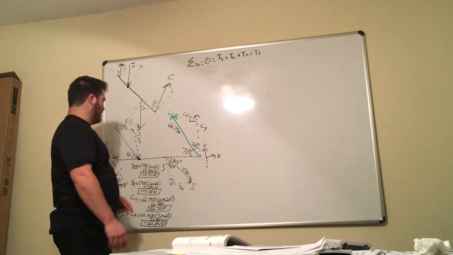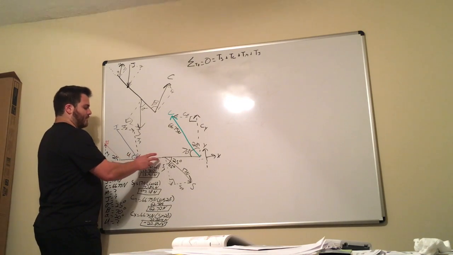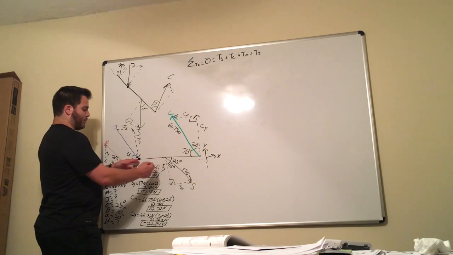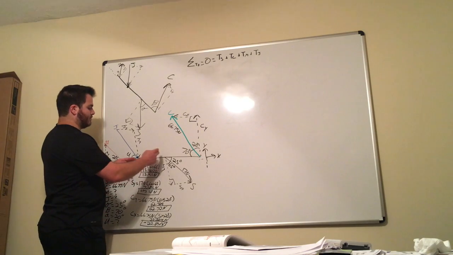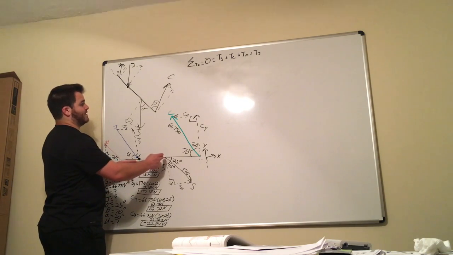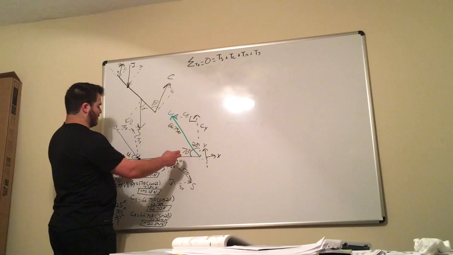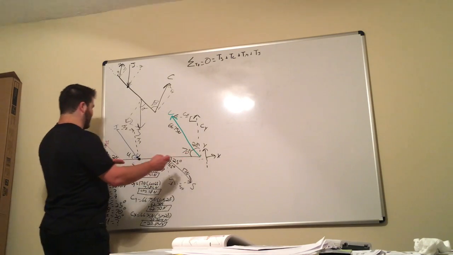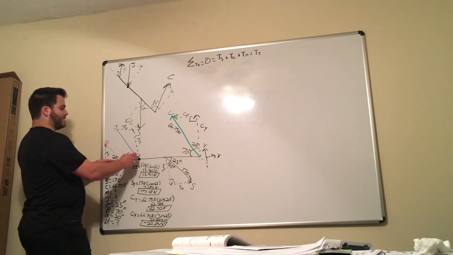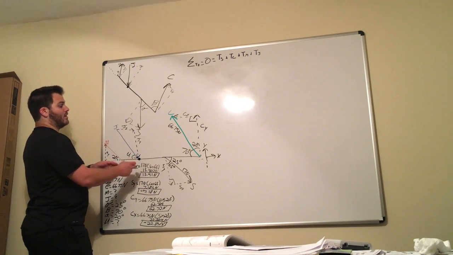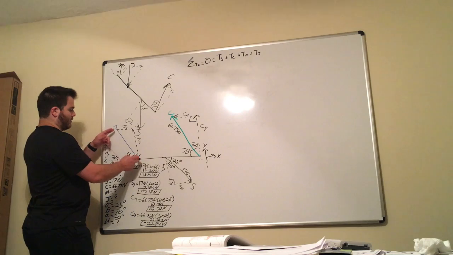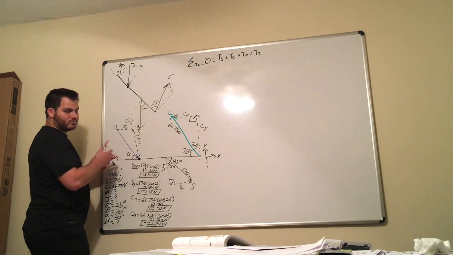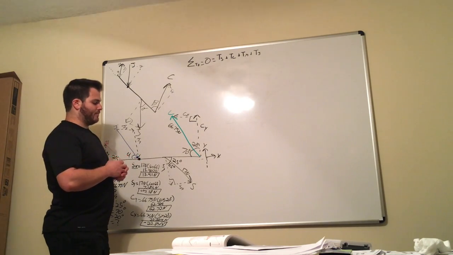The torque of S is going to be your S force times the distance away from our point, which we use as our joint over here. The C is going to be the C force times that distance. The muscle force is going to be the muscle force times that distance, and then the force of the joint, which is that force times no distance, that's going to be 0.